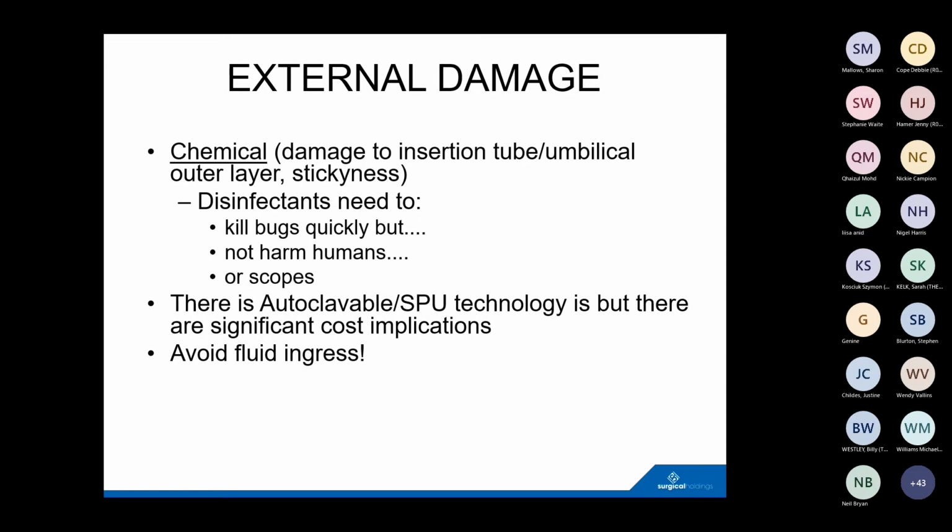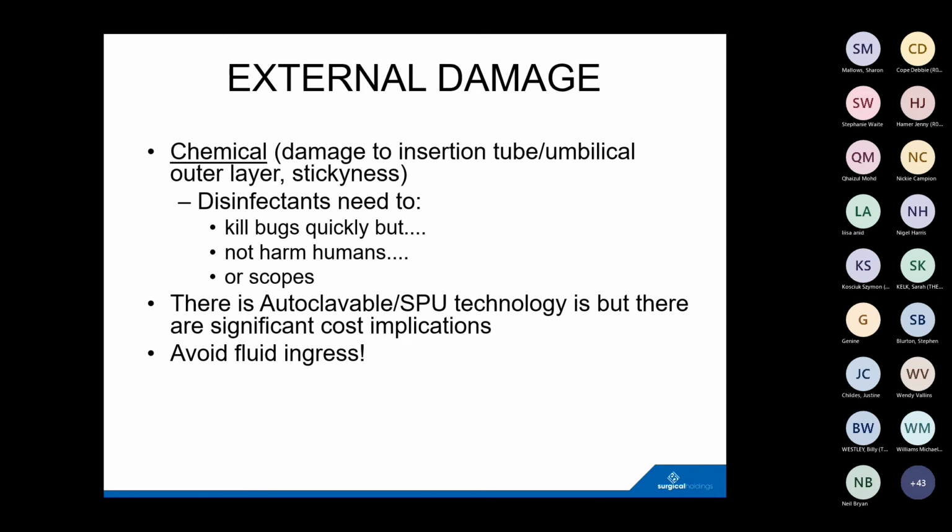But forgetting about those, you need high level disinfection with these instruments, and the chemicals that do that have a fundamental problem: they need to kill the bugs, but they can't harm the humans, and they can't harm the materials in the scopes or in the cleaning machines. That's tough for the chemical manufacturers to develop, something which will kill the bugs very quickly but not do anything else to humans or materials in the instrumentation. So that's a common aspect of damage as well.